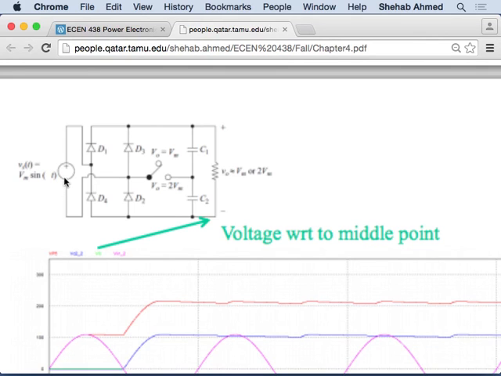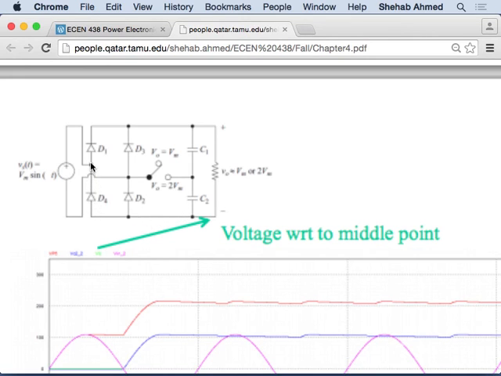And in the negative half cycle, current is going through D3 and going back. In the negative half cycle, I'm charging C2.